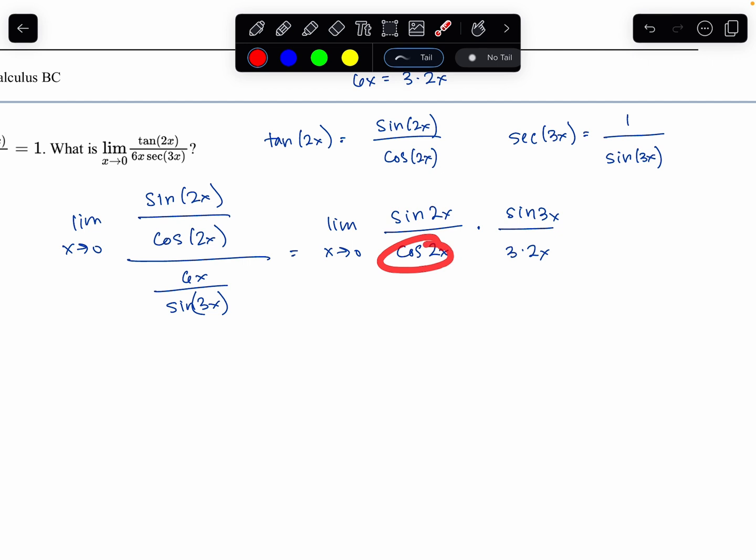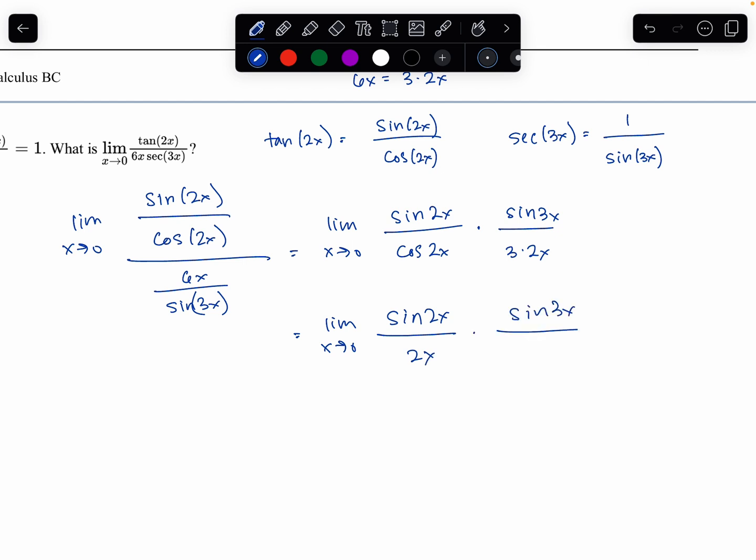I can multiply numerators and I can multiply denominators, so I'm going to move this over here, and put the 2x over here. So I have the limit as x approaches 0 of sine of 2x over 2x times sine of 3x over 3 times cosine of 2x.